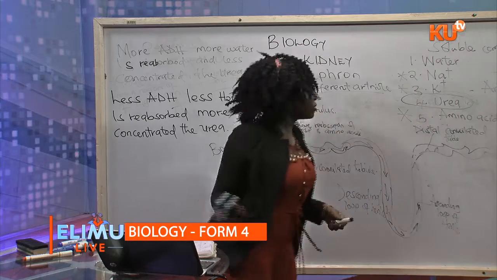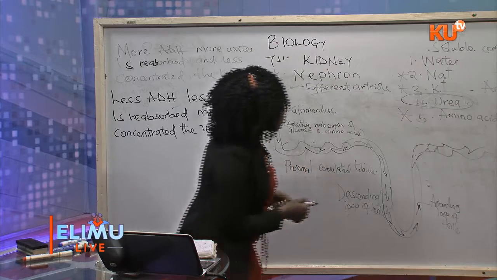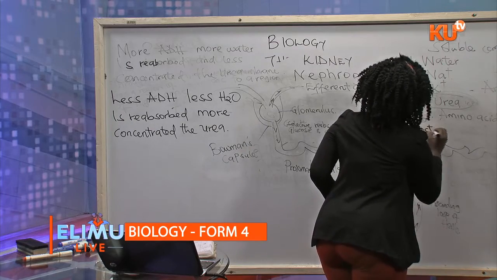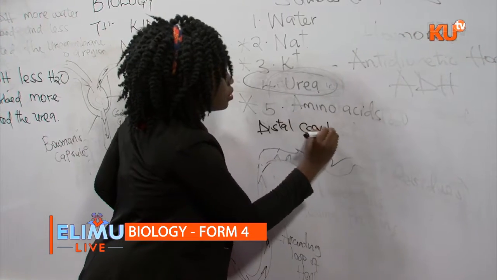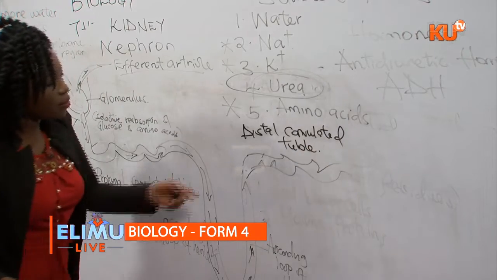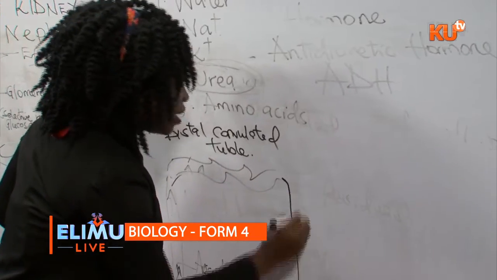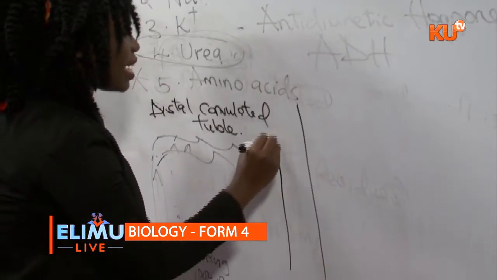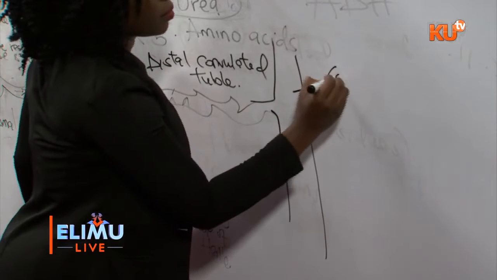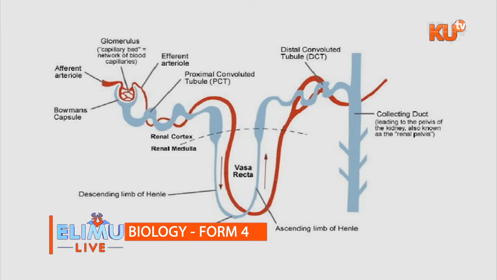Let us continue. This one is not finished. So in the distal convoluted tubule, we said that the water is now released in order to dilute the urea. And then we have something called the collecting duct, and this then leads to the bladder.